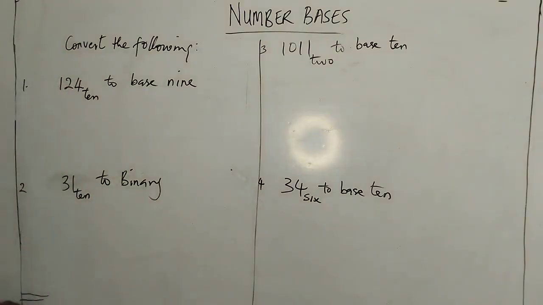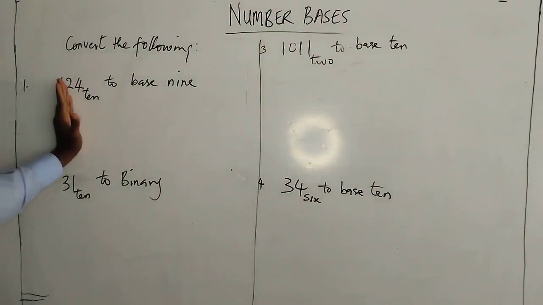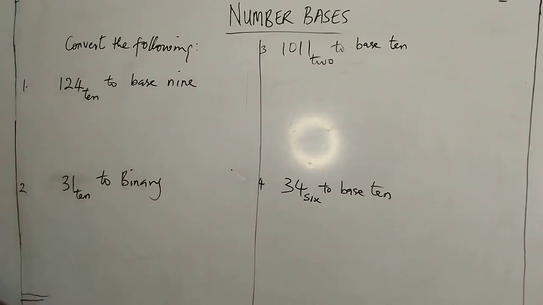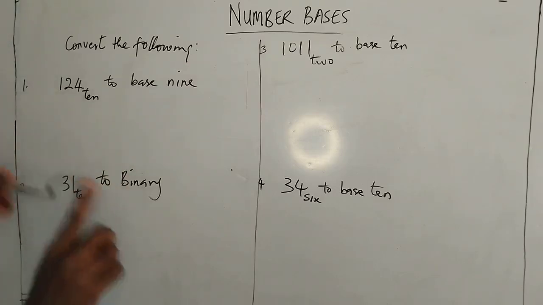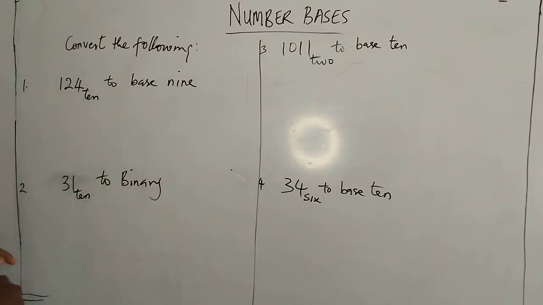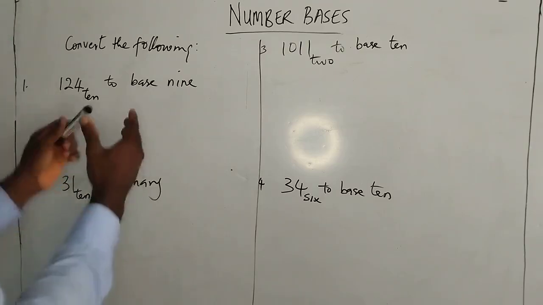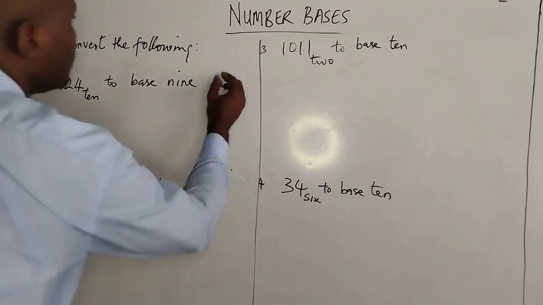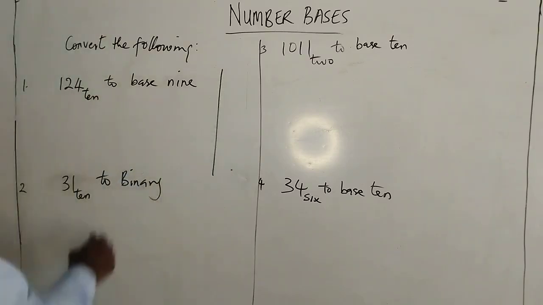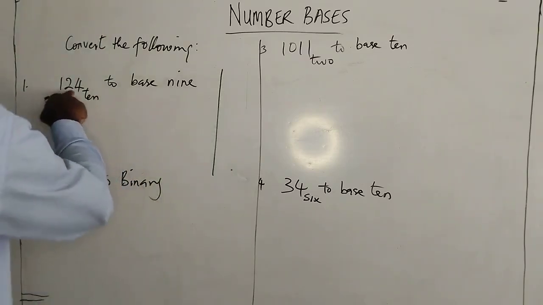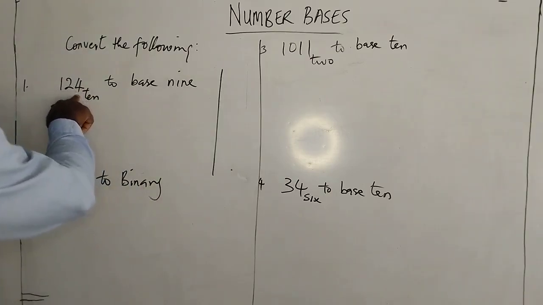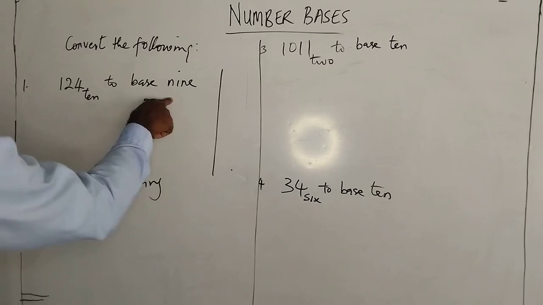124 base 10 to base 9. To convert from base 10 to other bases, there is one method. And that method is like a long division method. 124 is a number that is in base 10. We are converting to base 9.